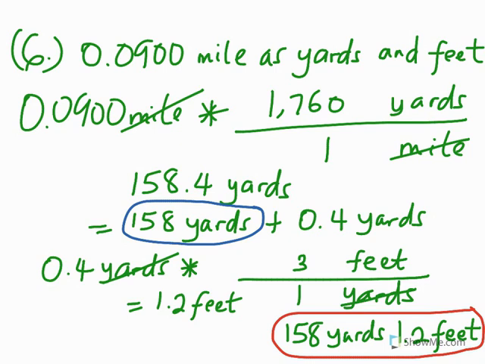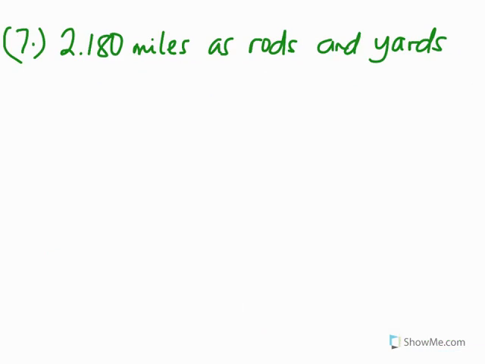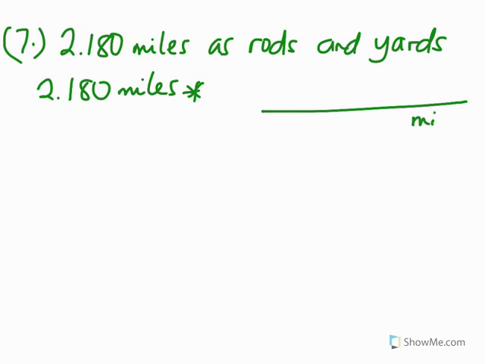Okay, question 7. 2.180 miles as rods and yards. We do it the same way we've been doing. 2.180 miles times rods over miles. 1 mile is 320 rods.